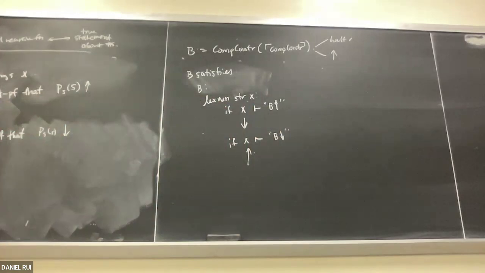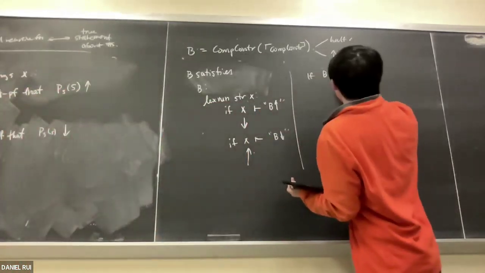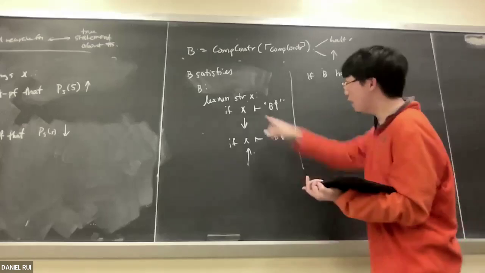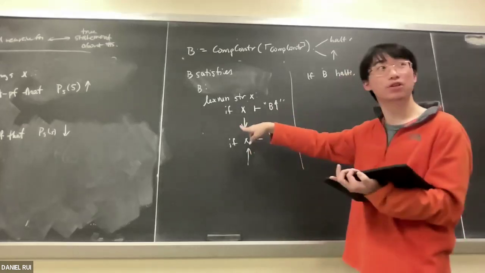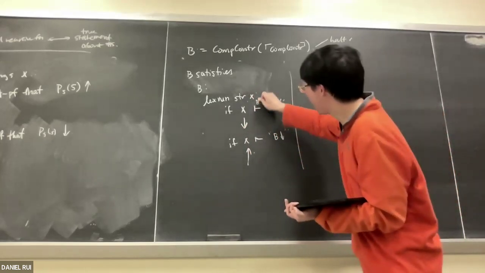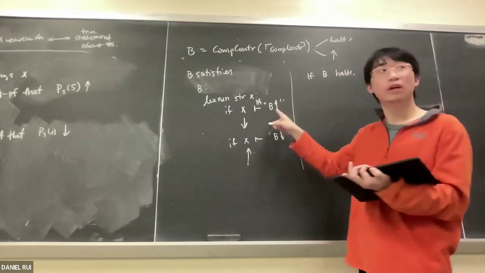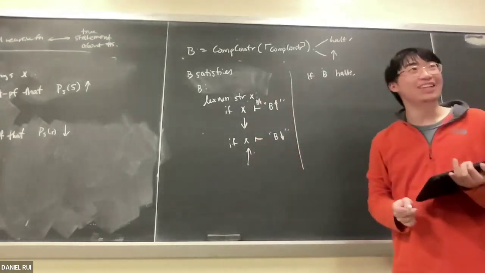If you just plug S equal to that into this code, you get that. So if B halts, then it must have entered this branch. In other words, it must have found a PA proof that B runs forever. And unfortunately, that's no good.